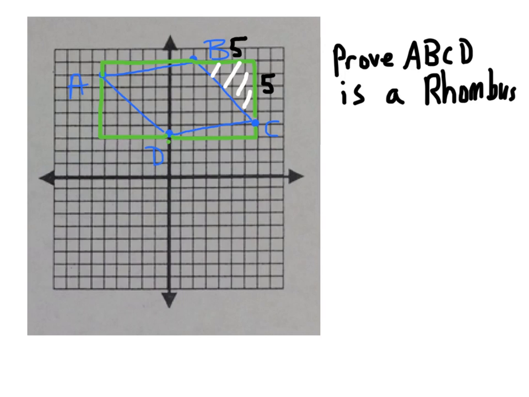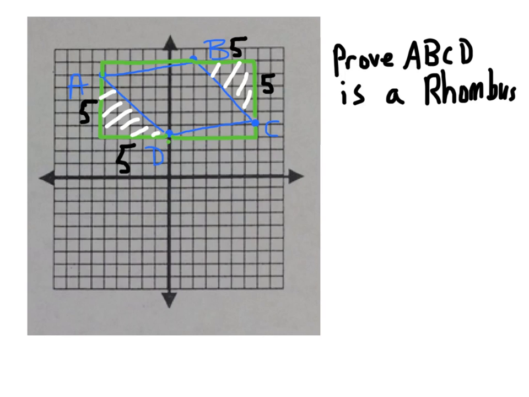If I also check the triangle in the lower left-hand corner and measure the base and the height, I also get 1, 2, 3, 4, 5 for the base, and the height is also 1, 2, 3, 4, 5.